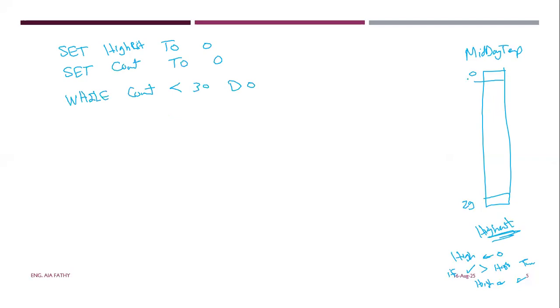We will check if the first temperature is more than the highest. If it is more, we will assign it to the highest. And then check the second one if it is more than the highest, and so on. So we will use an if condition.